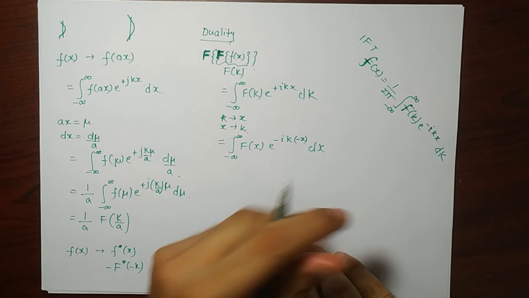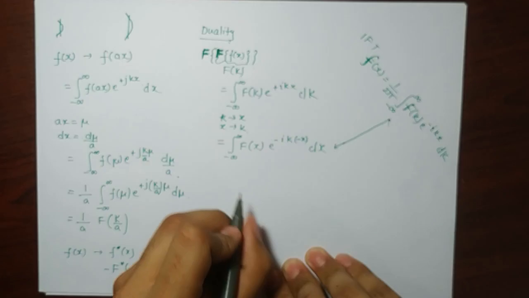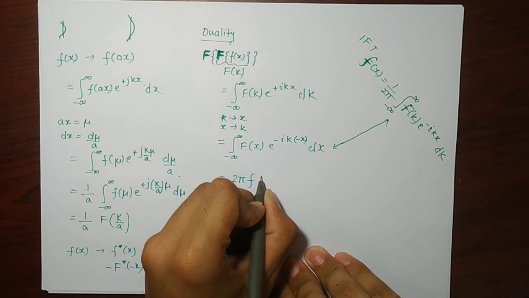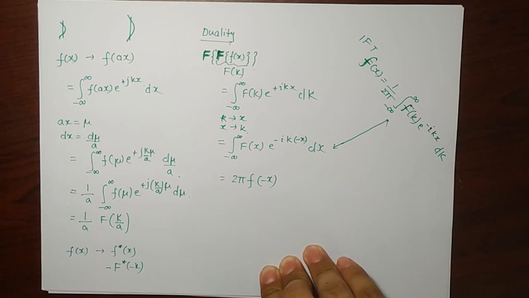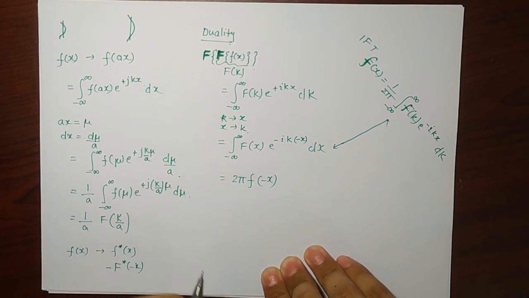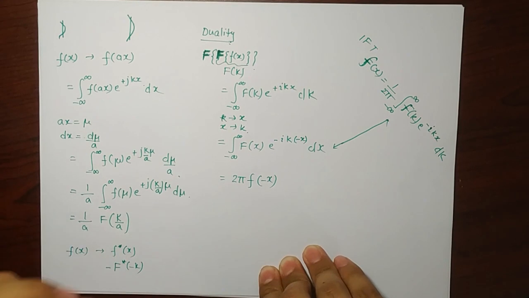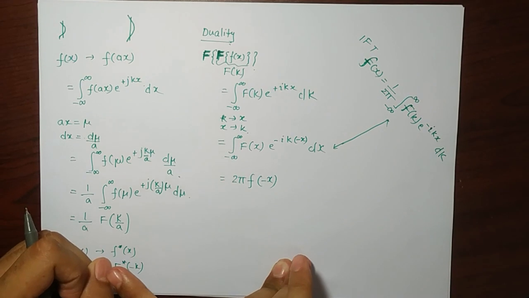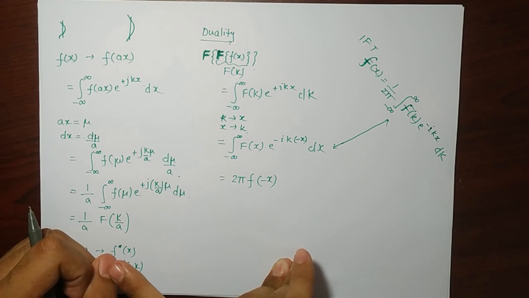So comparing this to this, can I write this as 2 pi f of minus x? That's why we say that from this duality property we can find a lot of things. If you know the Fourier transform of, let's say, f of x, you can find the Fourier transform of f of k, or the inverse.